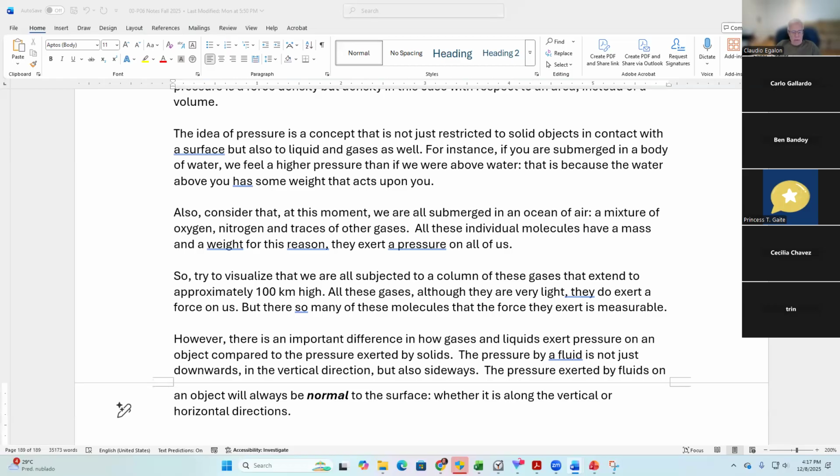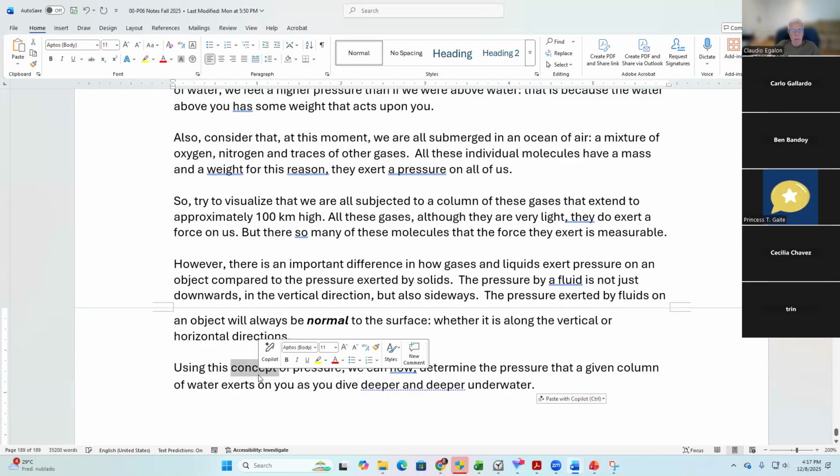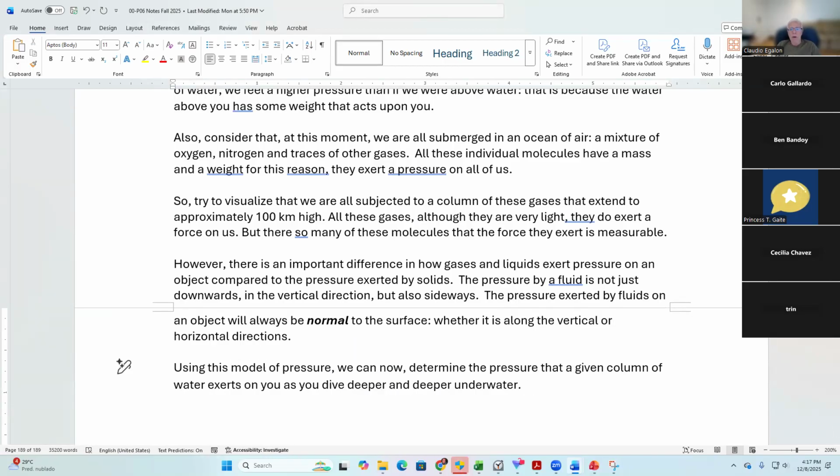Using this model of pressure, we can now determine the pressure that a given column of water, and even air, exerts on you as you dive deeper and deeper underwater. A column of water, or any fluid.